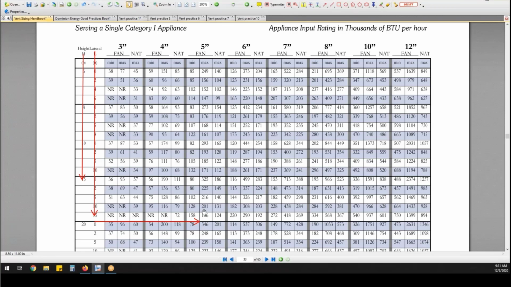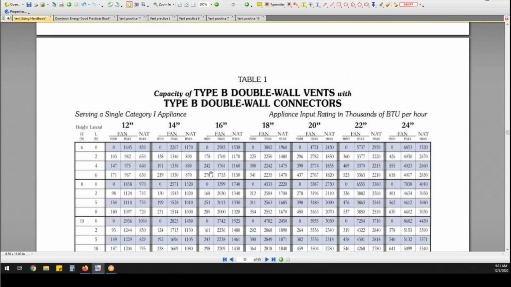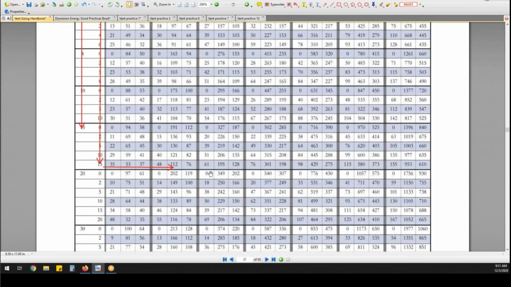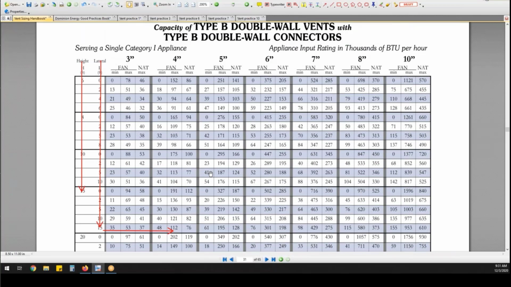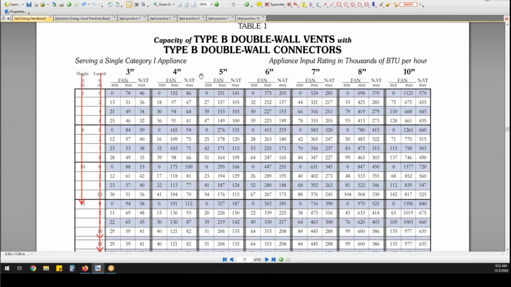Do I have that out of that furnace? I don't. Well, I don't think that I can use single wall connectors on this. I think that the whole flue is going to have to be a B vent flue. Because remember, let me go back at the other one here. When I did everything in B vent, so B vent connectors and your main flue will always be B vent or double wall.